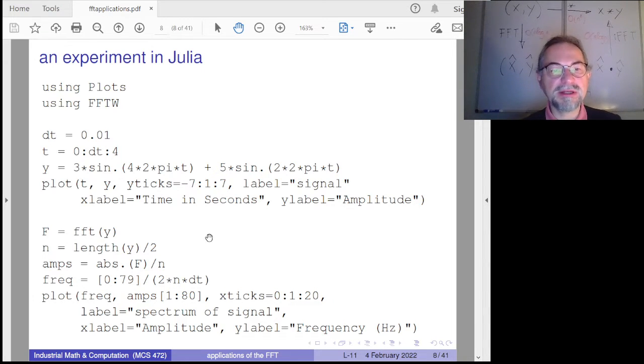Then we make the sequence of the frequencies, and we plot the frequencies and the first amplitudes. So the first 80 data we essentially plot. We divide by 4 because our time interval is going from 0 to 4. This is why our x-ticks go from 0 to 20.